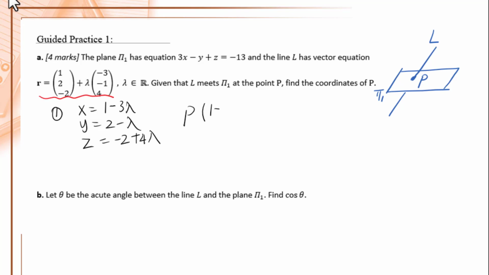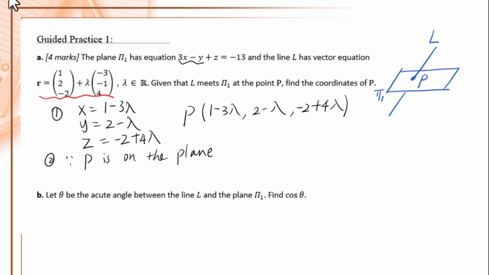Therefore, the coordinates of P are (1 minus 3 lambda, 2 minus lambda, negative 2 plus 4 lambda). Since P is on the plane, we will substitute the coordinates for x, y, z in this equation of the plane.